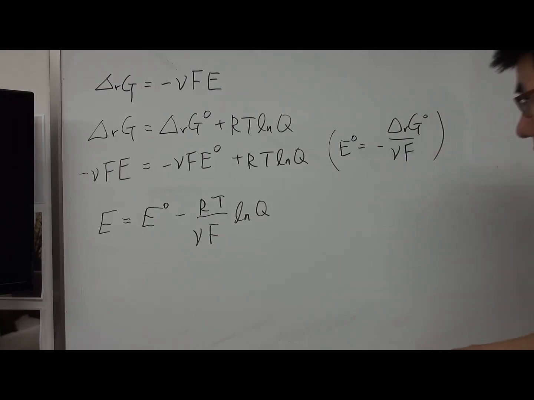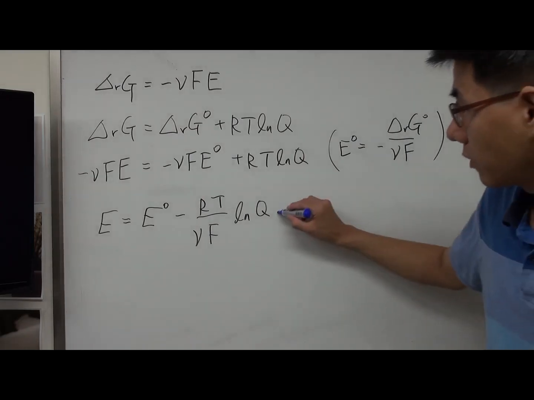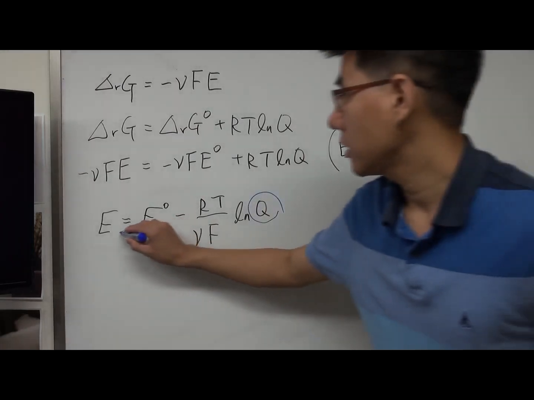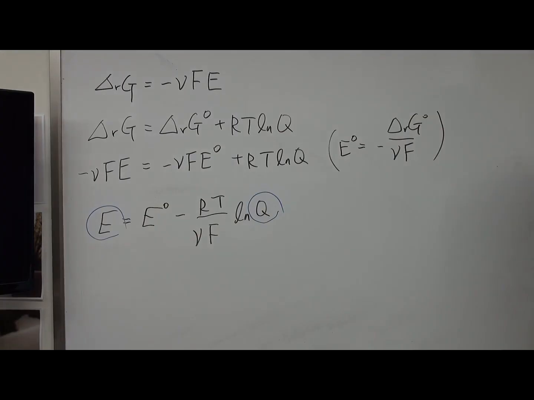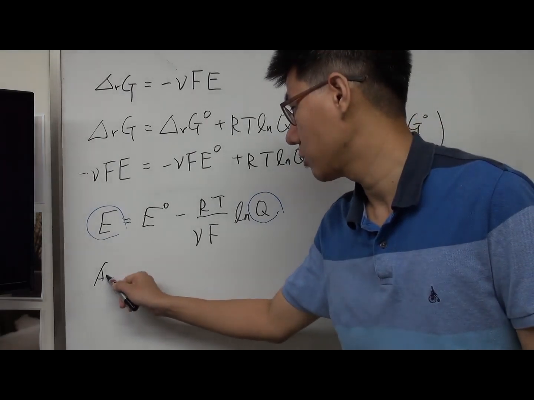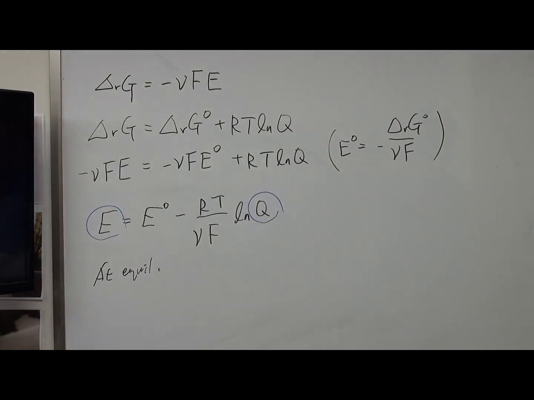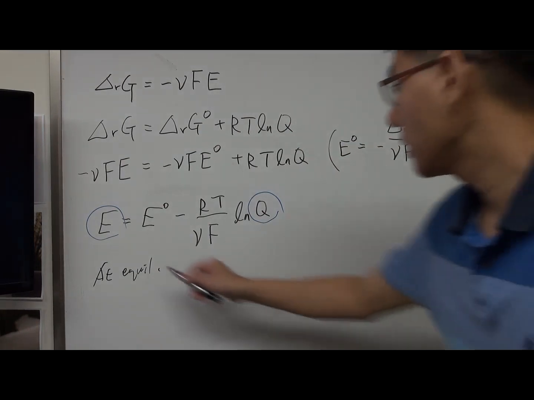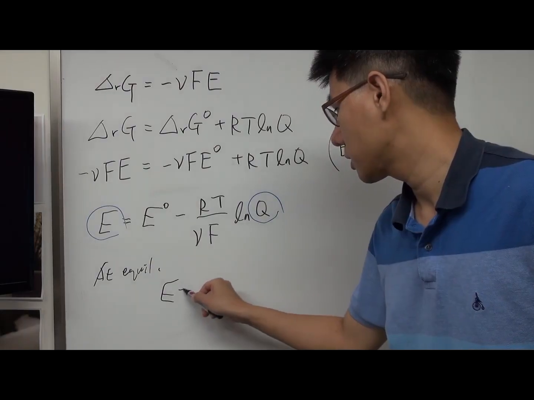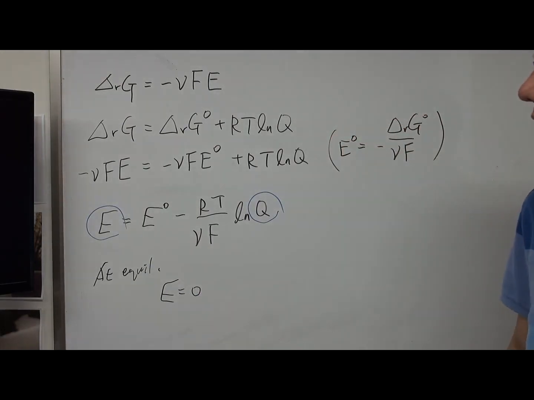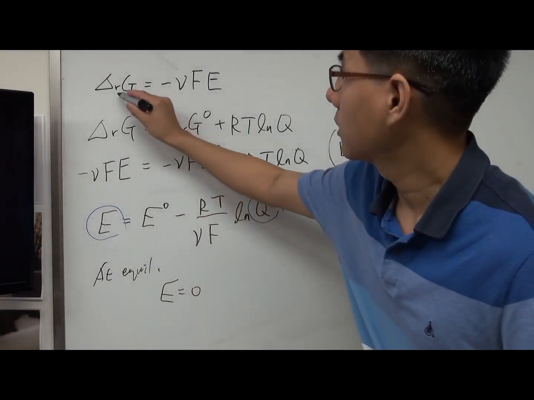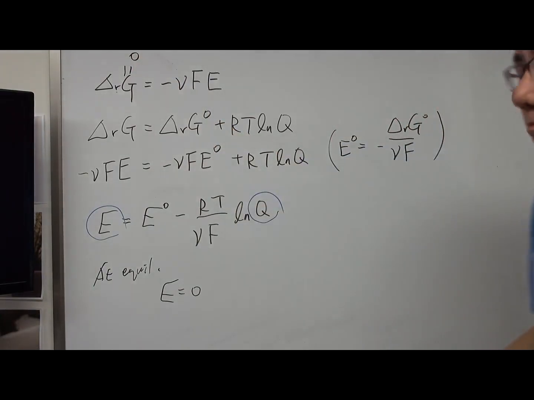It basically relates the reaction quotient and the electrical potential generated in an electrochemical cell. Especially at equilibrium, since E is 0, because at equilibrium this is 0, right?